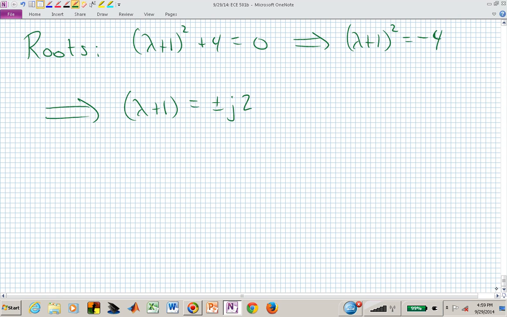Or if we subtract 1 from both sides, we see that the eigenvalues, or the values lambda that cause that expression to equal 0, are no longer real, but they can be complex. But if we restricted our attention to real numbers, we have no eigenvalues for that matrix that we started with.